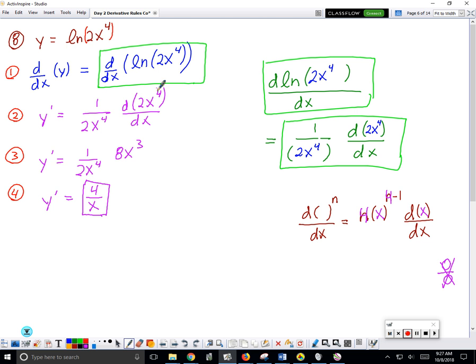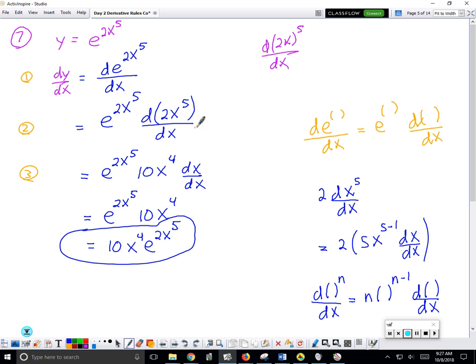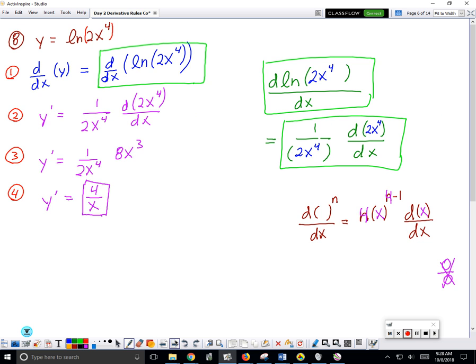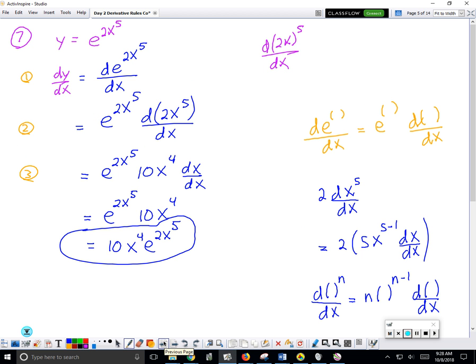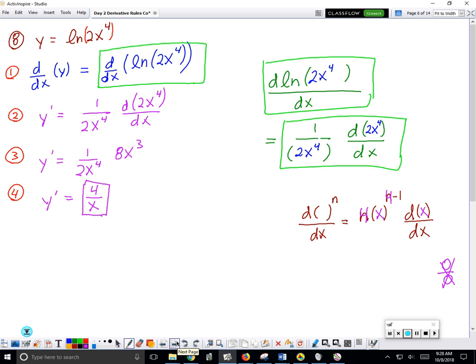So this is actually the exact same process we used here. So here it's d dx of 2x to the 5th. Here it's d dx of 2x to the 4th. So pull out the constant, just like this. That would leave d dx of x to the 4th. So here's the 2. The power rule says you bring down the 4, x to the 4 minus 1. So let's write it over here.